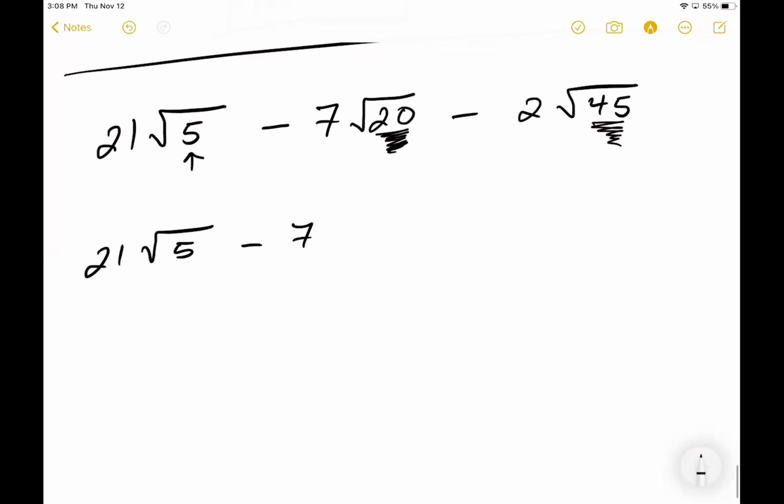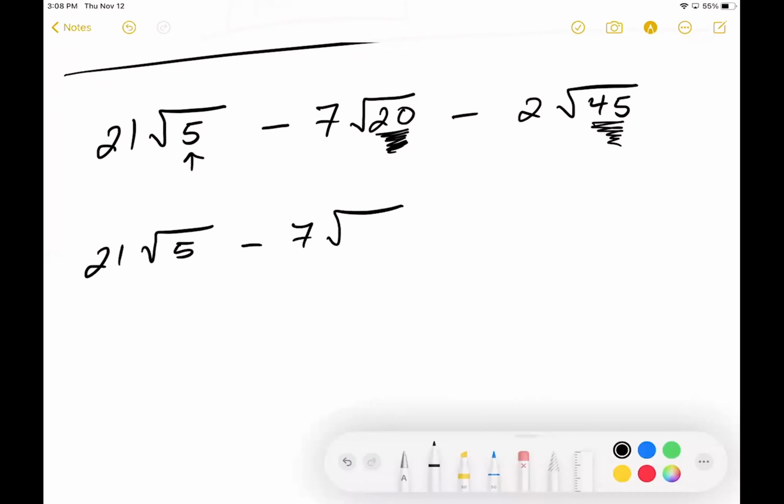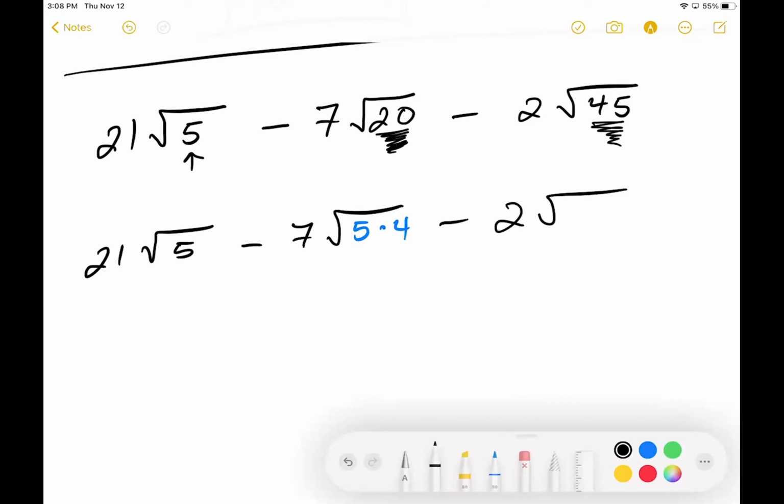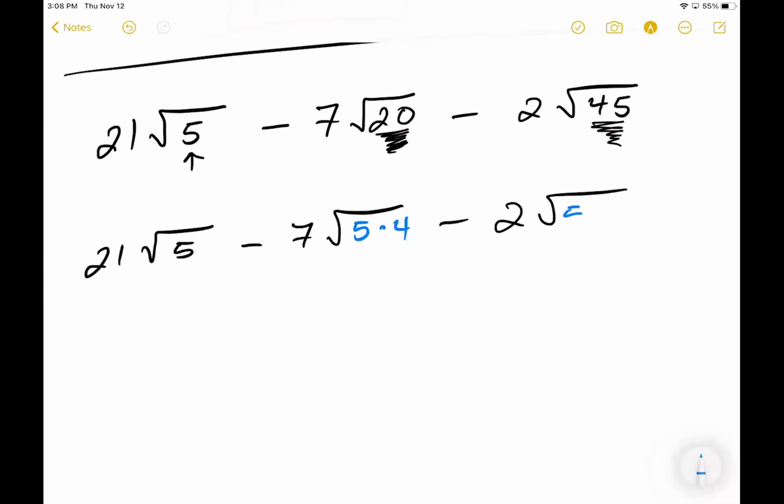Do you agree that the 20, I can convert to 5 times 4? And again, the 2 stays the same. Do you agree that the 45, I can convert to 5 times 9? And why do we convert this way?